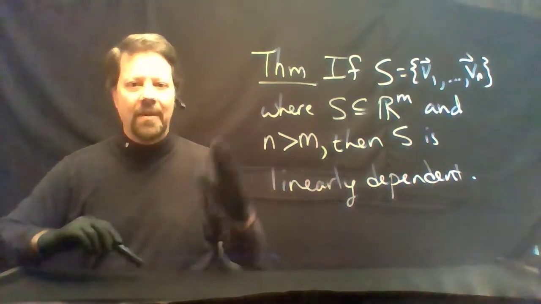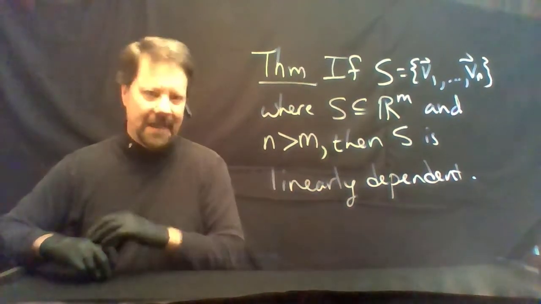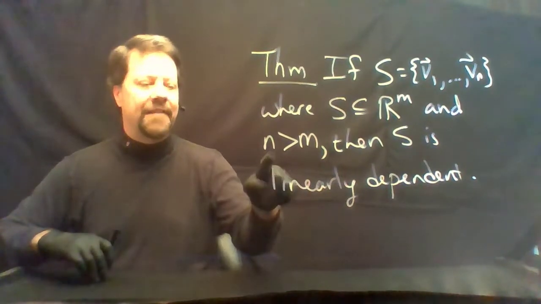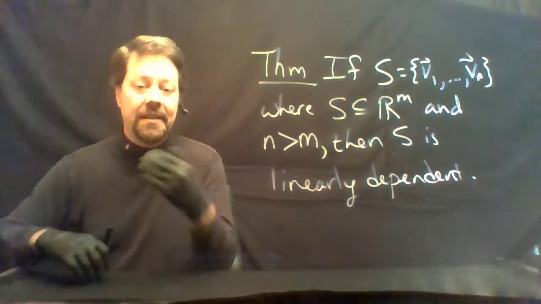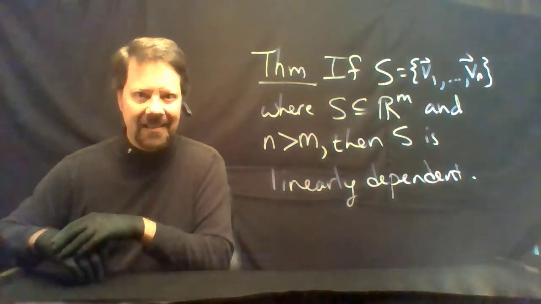This theorem is important. It tells us if you have a particular size vector space, if you get too many vectors, you can tell just by the number of vectors that that set is linearly dependent. The proof goes as follows.